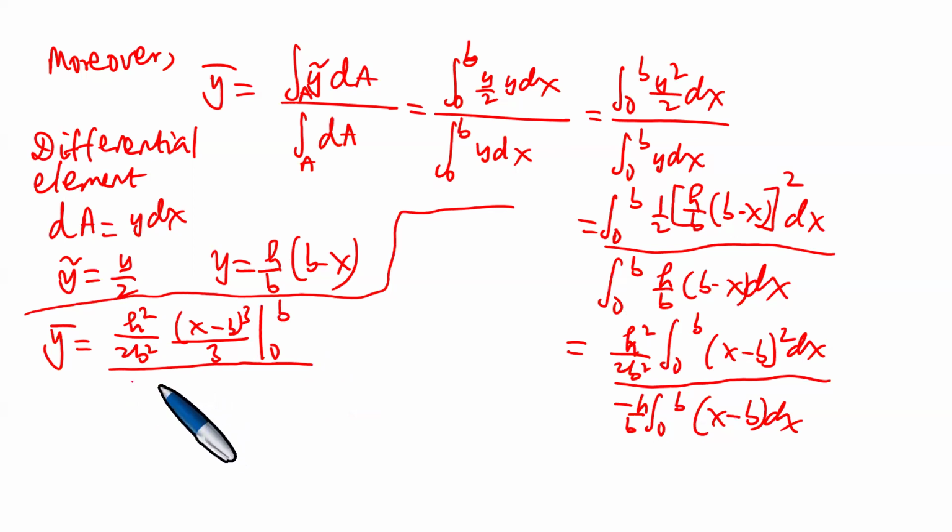You divide by this, which is actually the same as integrating the denominator: it would be minus h over b, x minus x squared over 2. Okay, so you substitute this one.